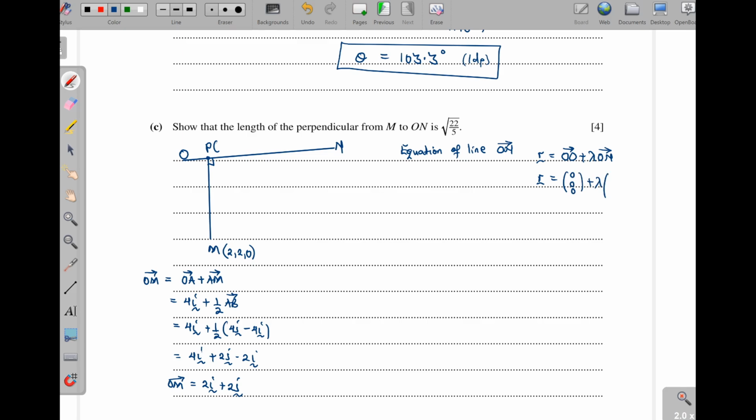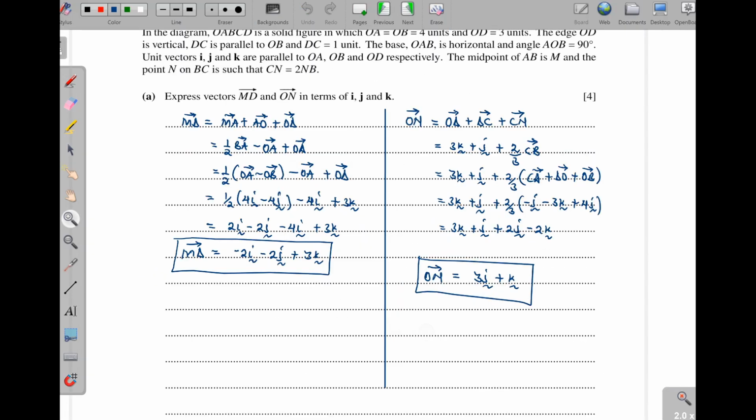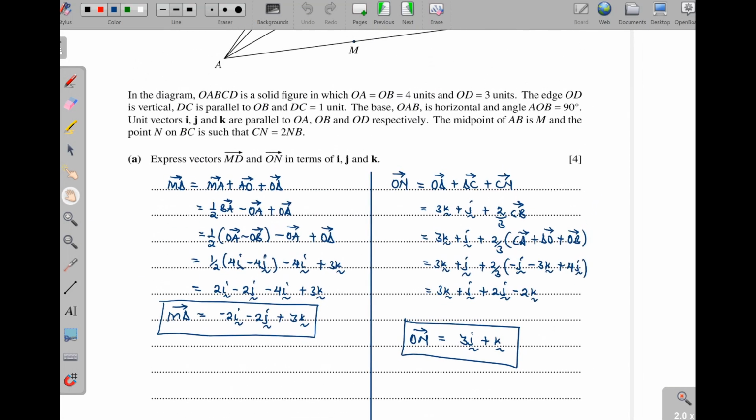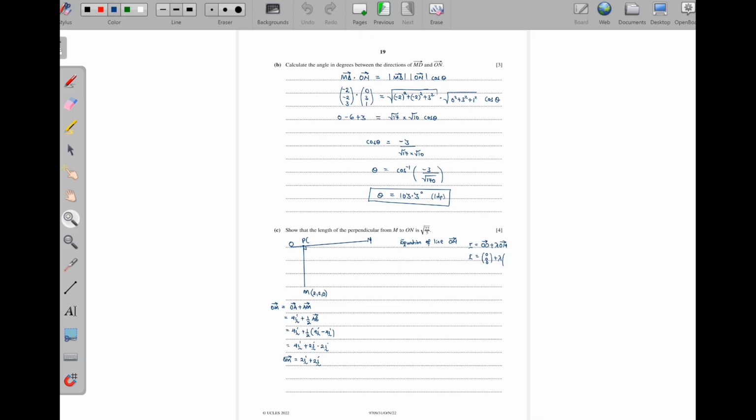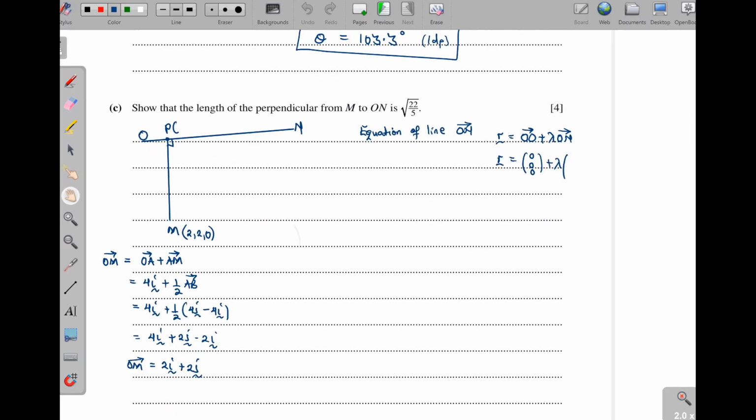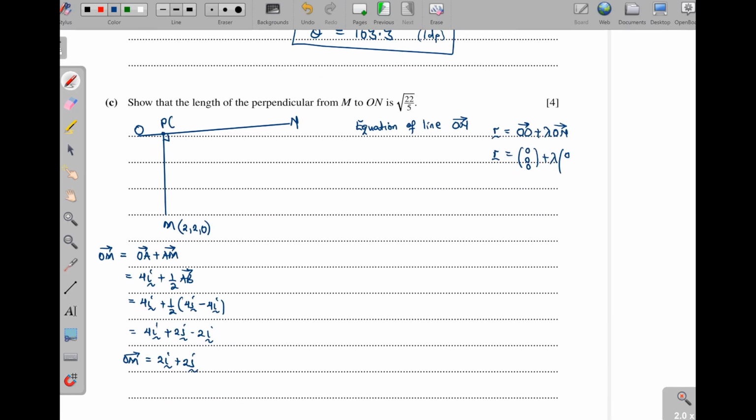What is ON? Do we have ON? If we come back here, ON is here. So it is 0, 3, 1. That is good. So that means any point on this line can be written as lambda times 0, 3, 1.